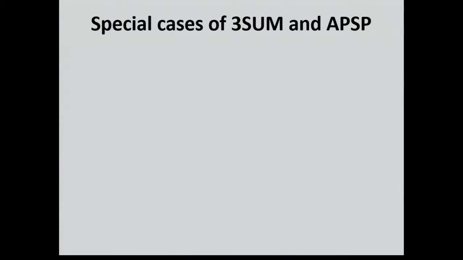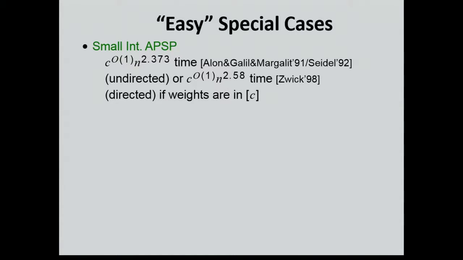So let me go back to the special cases of 3SUM and APSP, which we mentioned. There's been quite a bit of work on special cases of 3SUM and APSP. One of them is when you have small integers.